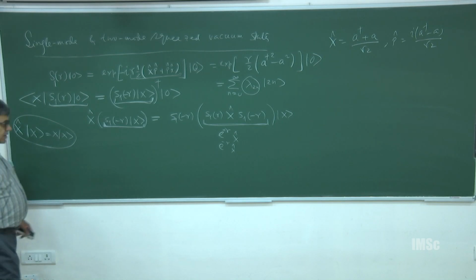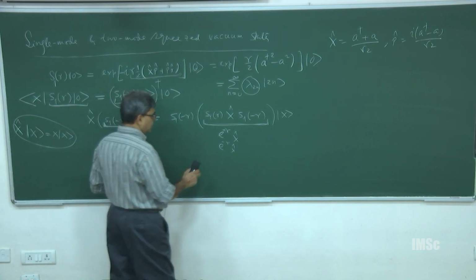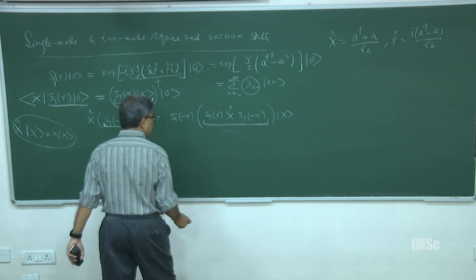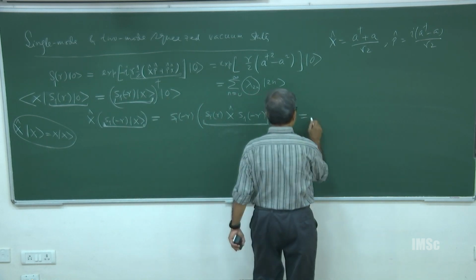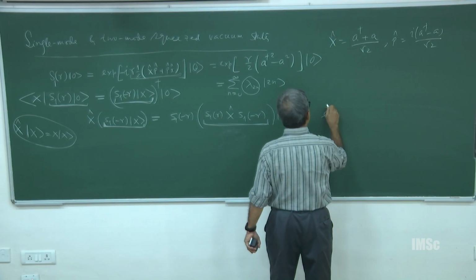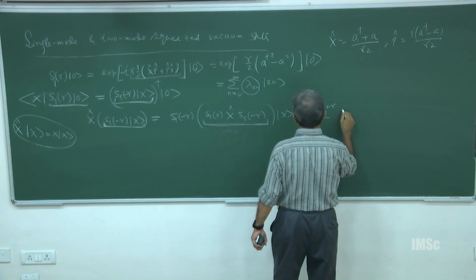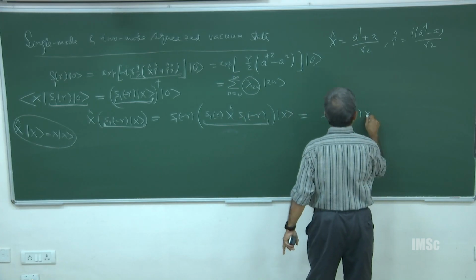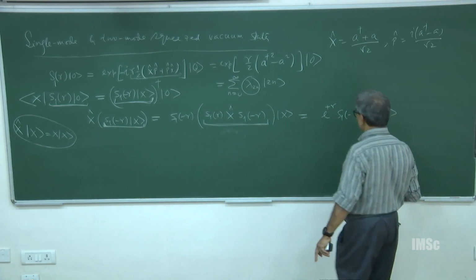It is e to the power plus r x, right? Good. So I take your word. Therefore, this is e to the power plus r, then S1 of minus r, then x acting on x. Is that correct?